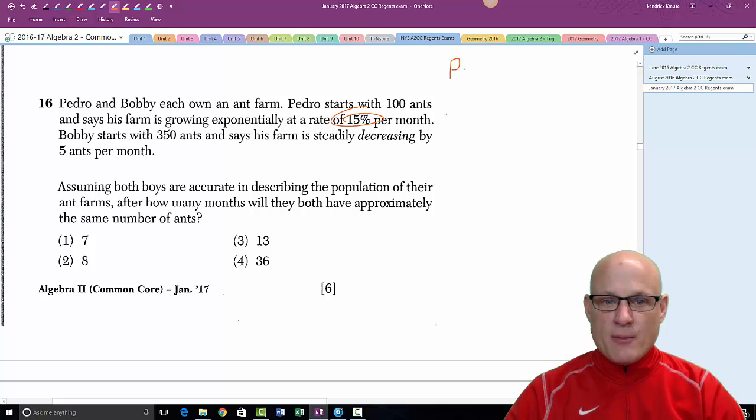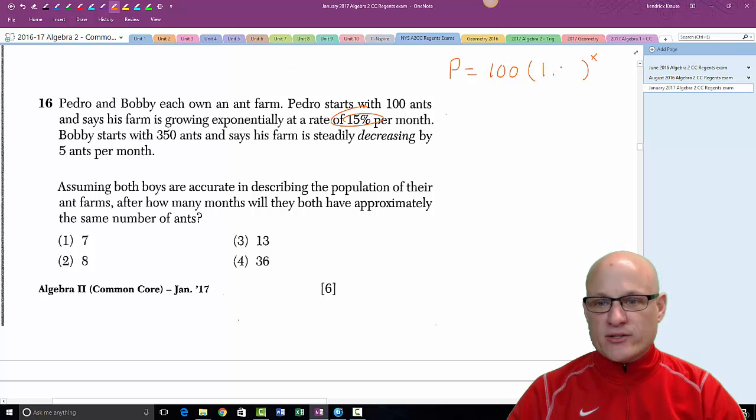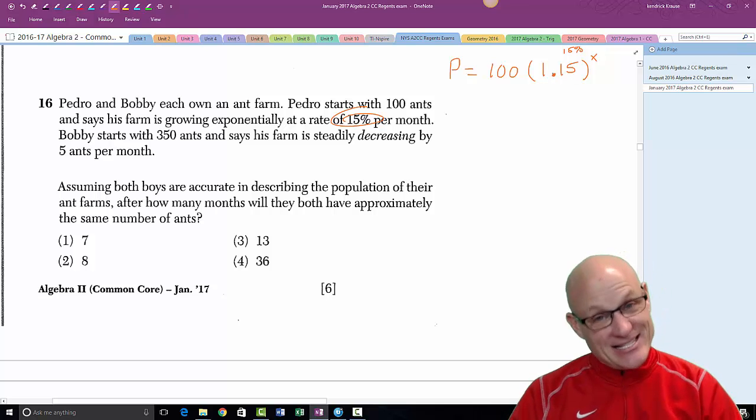Let's go Pedro. Pedro starts with 100, and it's growing by 15%. So if I want exponential growth, then I need 1.15. This 1.15 is the 15% right here. Growth has to be bigger than 1, decay less than 1.